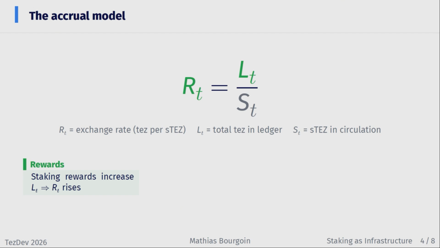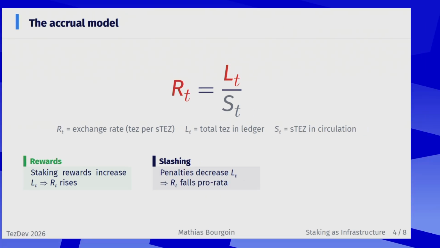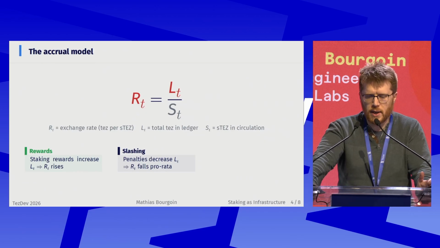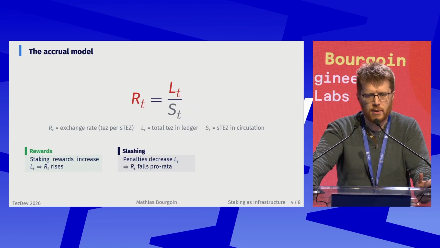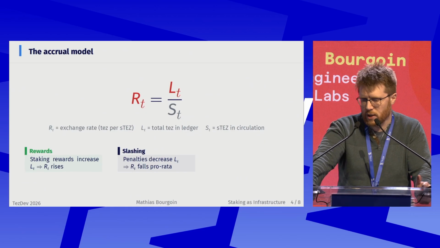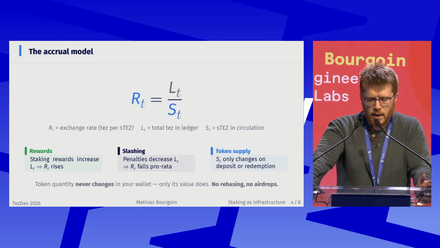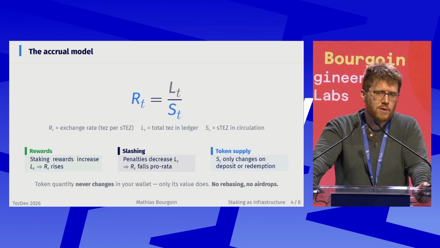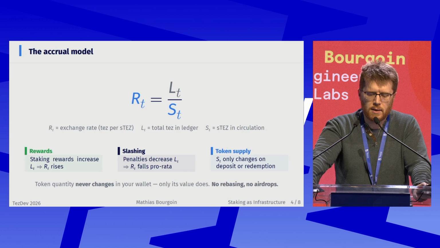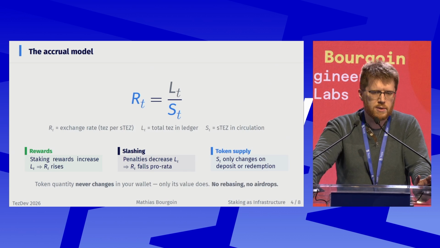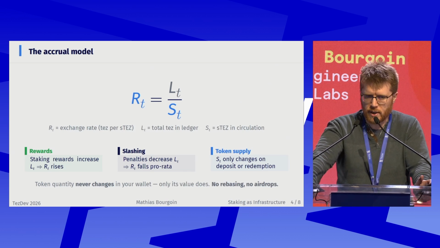So this means that, for instance, when you have some rewards accrued to the system, to the ledger, the staking rewards increase accordingly. If a slashing event occurs, the total amount of Tez will reduce, and the exchange rate will be reducing accordingly too. And the total amount of STez in circulation is only modified when there is a deposit or redemption of token by a staker.